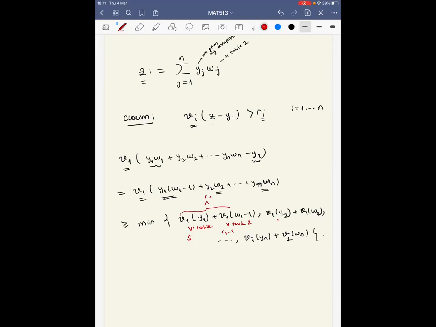And similarly, we also see from table 1 and table 2 that this minimum is bounded below by R1.